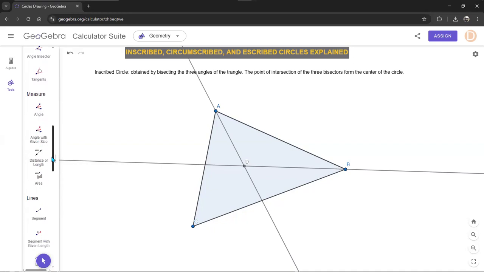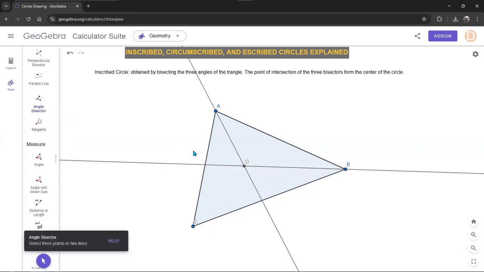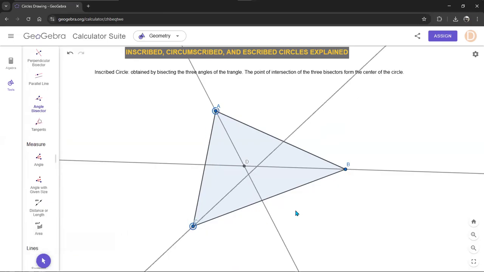So we go back to the angle bisector. Now, because we are dealing with the angle at C, we have ACB, and as you can see, we have a common point of intersection of the three bisectors. So you can choose two, but you can also go for the third angle.